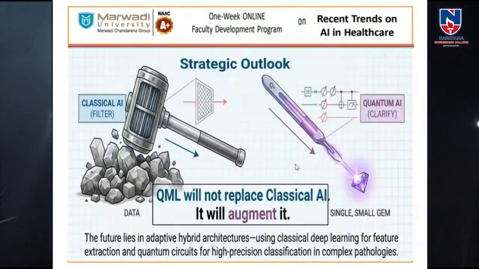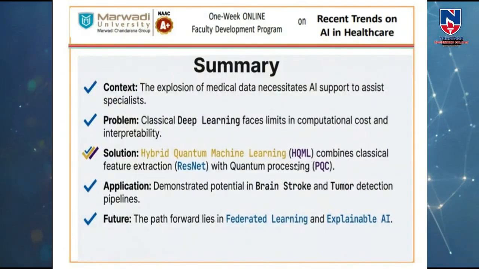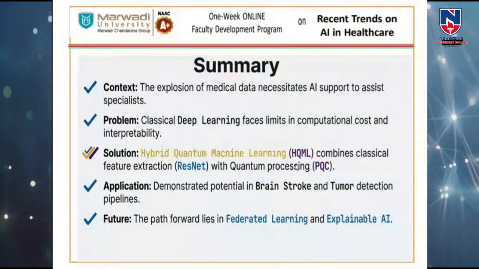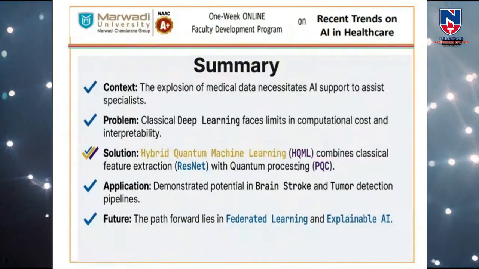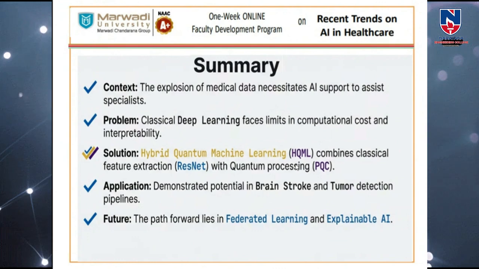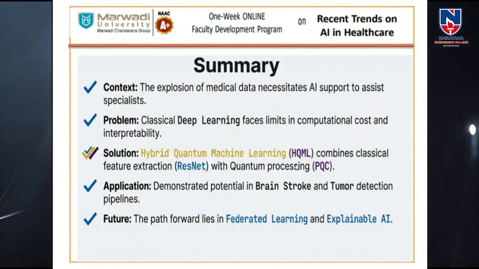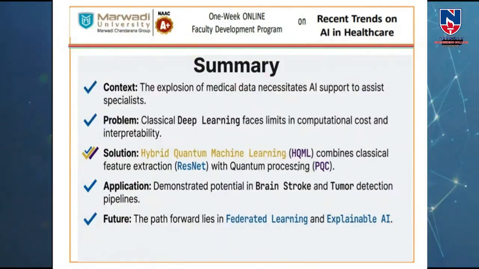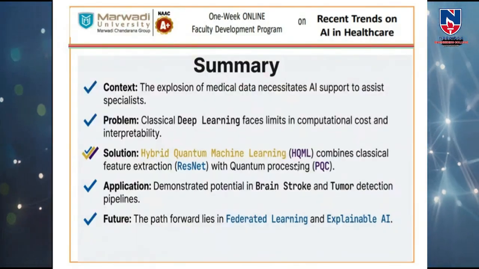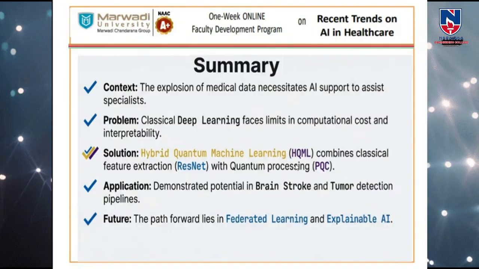Let me summarize today's talk. What I discussed is the explosion of medical data sets and the necessity of AI support to assist the specialists. The problem is that classical deep learning faces limits in terms of computational cost as well as interpretation.